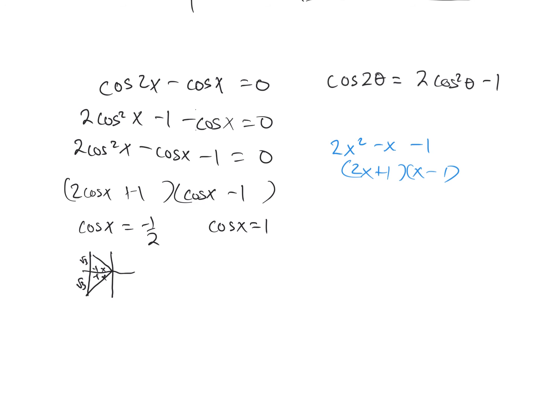So one of them is 2 pi over 3, and the other one is 4 pi over 3. And then finally, cosine of x equals 1 whenever the angle x is 0. So x can equal 0. And those would be my answers.